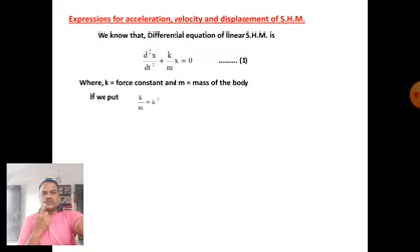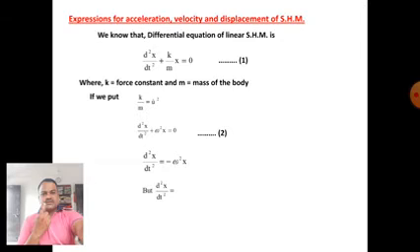If we put k upon m is equal to omega square, the equation becomes d2x upon dt square plus omega square x is equal to 0. This is another form of differential equation, considered as equation second.